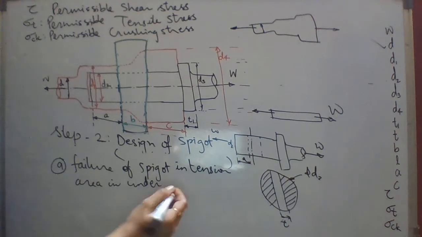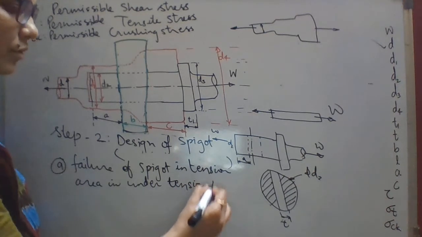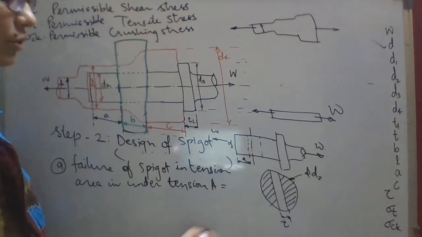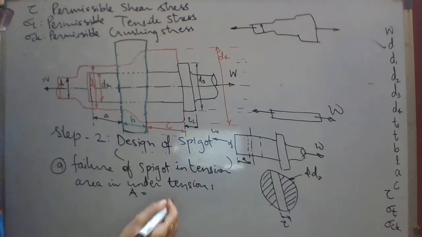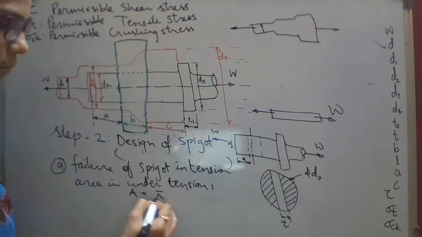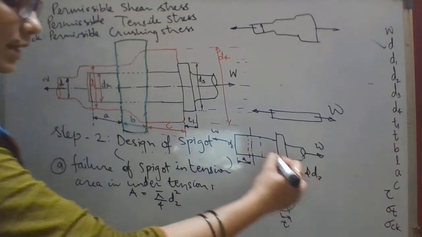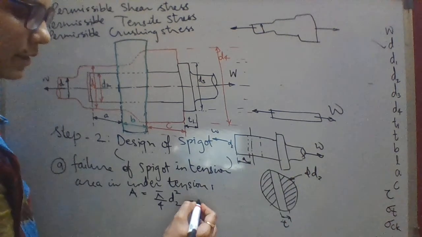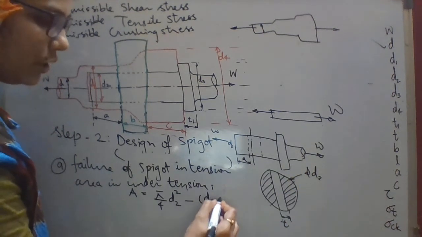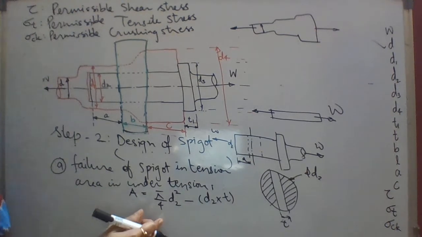So area under tension A will be pi by 4 d2 square, the area of this circle, minus the area of this rectangle. The area of this rectangle will be d2 into t. So this much is the area of the spigot which is under maximum tension.